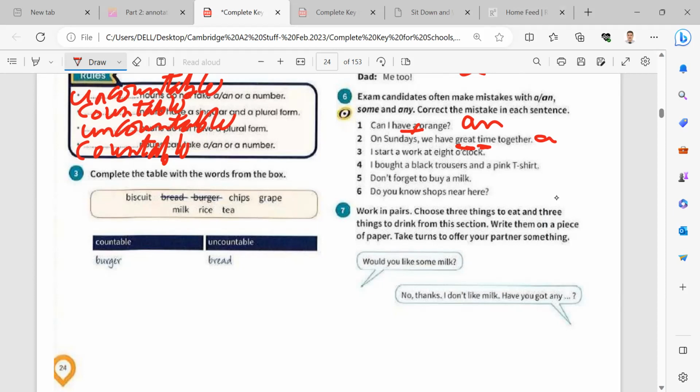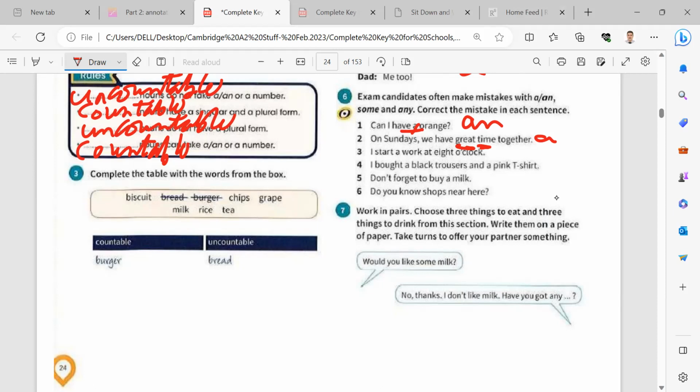Before. The mistake, we should say a great time together. Just write a before great. I thought the mistake is Sundays. No, on Sundays is correct, means every Sunday. Like on Fridays, every Friday I go out with my friends.